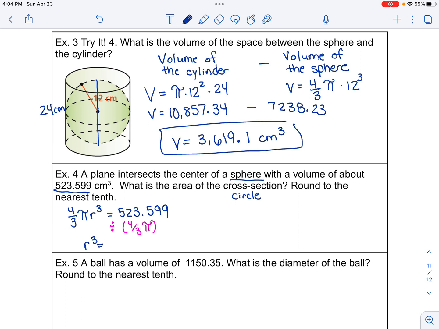Just double check my math here. 523.599 divided by parentheses 4/3 pi. I come out to about 125. One of the other days we had to do this, where we have to work backwards. Like if r squared equals something, we'd have to square root. In this case, we have an r cubed.